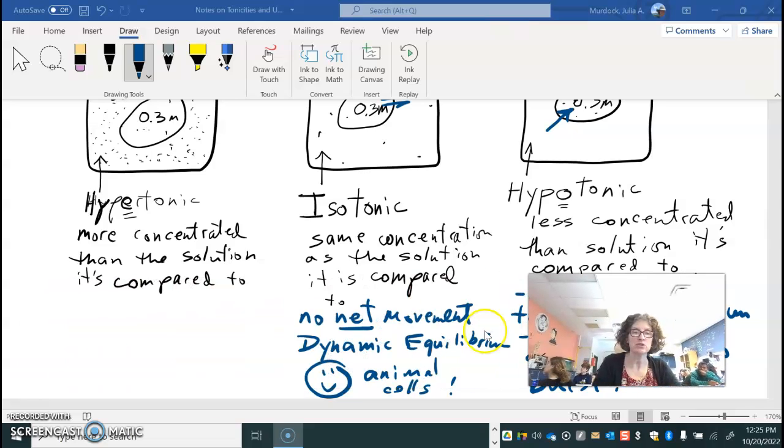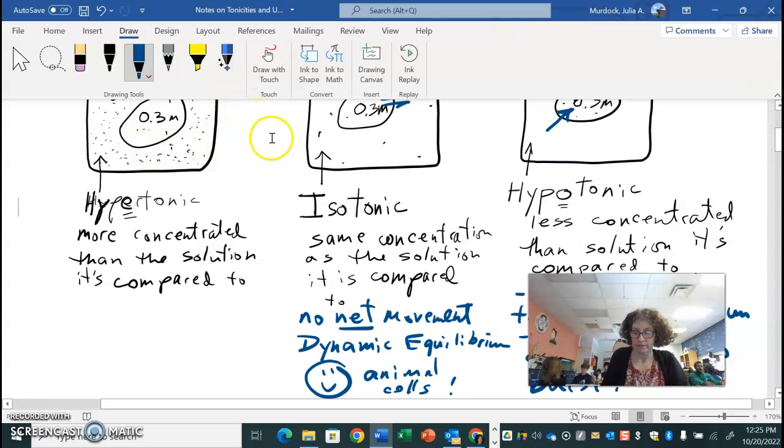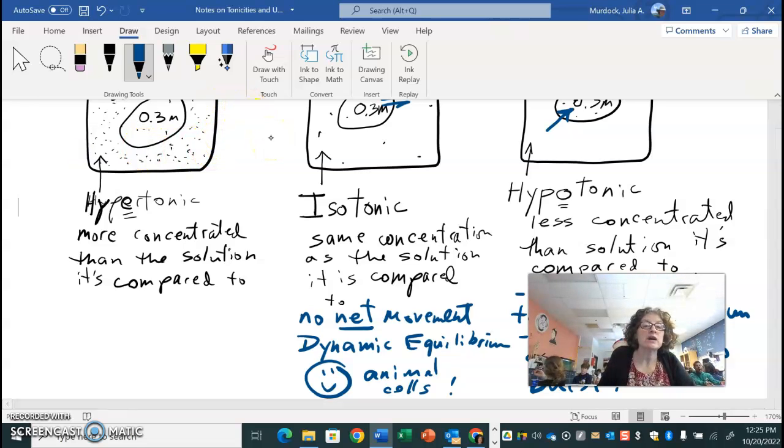Okay, so let's go to hypertonic. Now which way is the water going to flow? Out, exactly. Okay. So now you have the water flowing out, right? A net flow out.